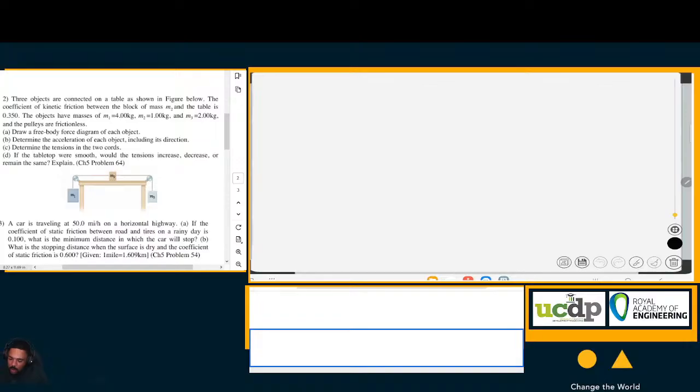Let's look at block number 3, mass number 3. We have only 2 forces acting on it. The sum of the forces on block 3 is equal to the mass of block 3 times the acceleration of block 3.